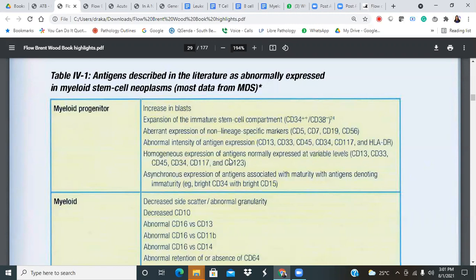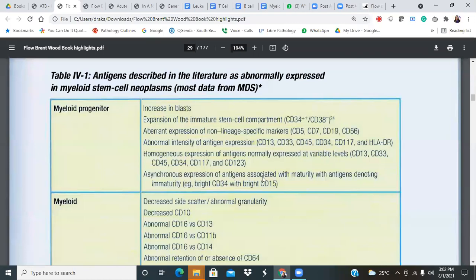Homogeneous expression of antigens normally expressed at variable levels. So basically, with the antigens that we have been seeing, 13, 33, 117, 34, all of these, we have seen that the precursors or progenitors have variable expression. However, when you start seeing a homogeneous expression, that definitely is kind of abnormal.